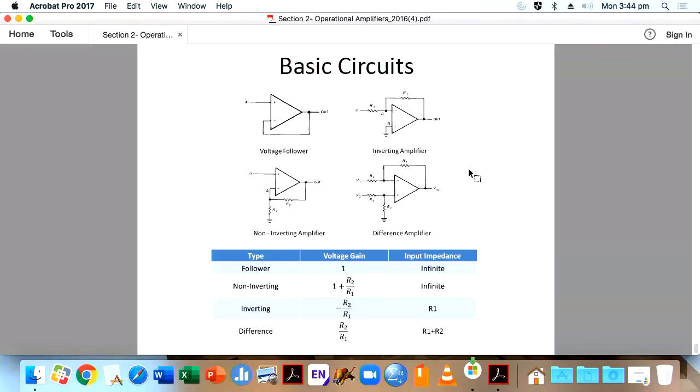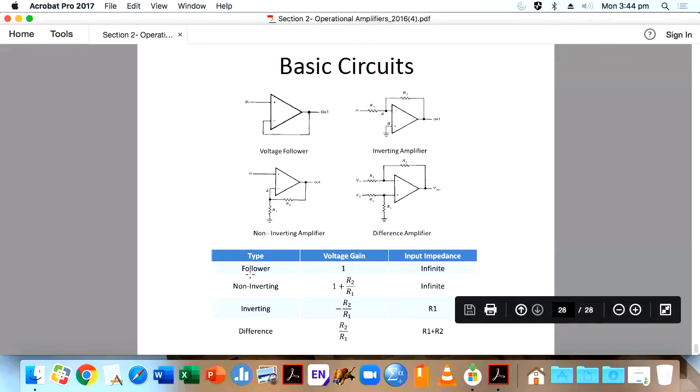We need some more time to study this one, because I will finish filters and then come back, since after filters I have to discuss the project. Then we will be studying this difference amplifier. I also wanted to teach you the instrumentation amplifier. So that's the reason this part we will hold on.